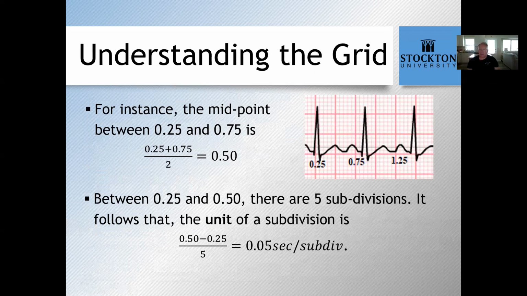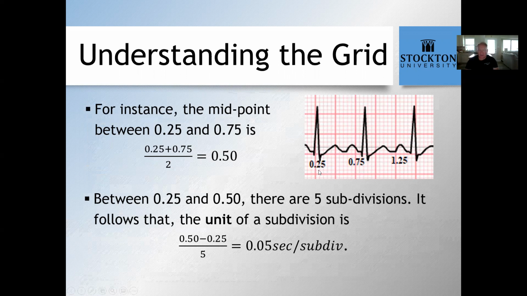So for instance, here's an electrocardiogram. And if we look at this line here, it's at 0.25. Okay, and here it's at 0.75, right? And if we take this and divide it by 2, we get 0.5. So between 0.25 and 0.5, there's 1, 2, 3, 4, 5 divisions.